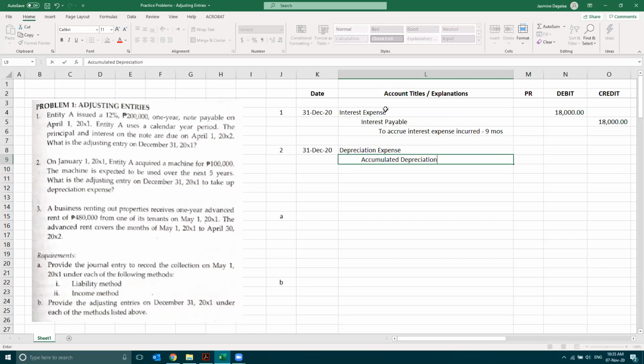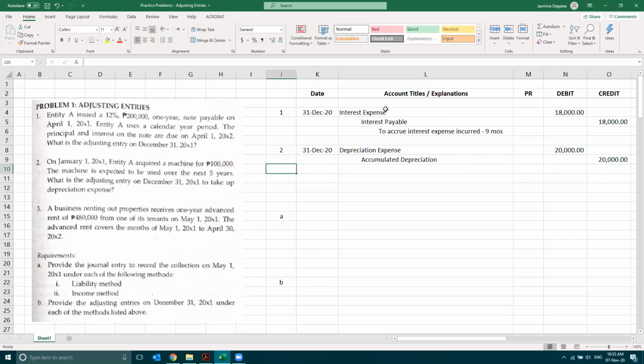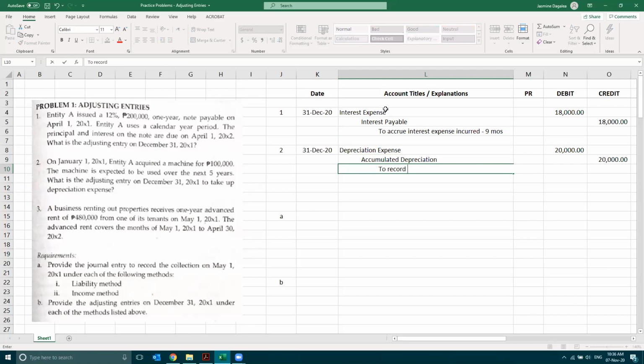How much? 20,000, which is 100,000 divided by 5 years. Nothing else was given, and the machine was bought on January 1, so it is exactly 1 year. Okay? To record depreciation of machine. That's all.